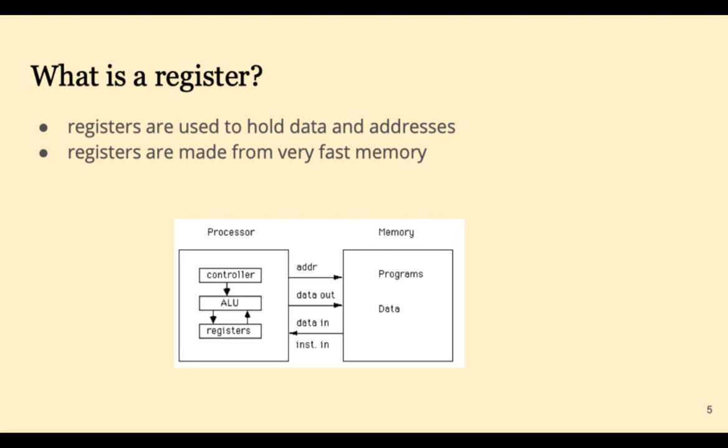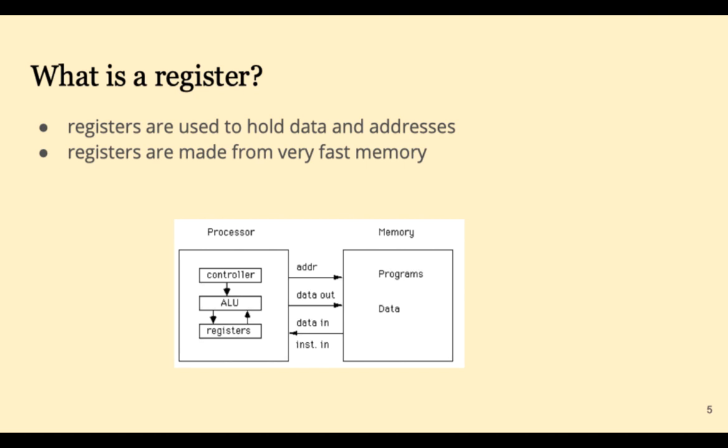In Mars, we looked at the registers, but what is a register? A register is just a section of memory inside the CPU, very close to the ALU, the arithmetic logic unit. Because registers are inside the CPU, they can be accessed very quickly. Think of it this way.